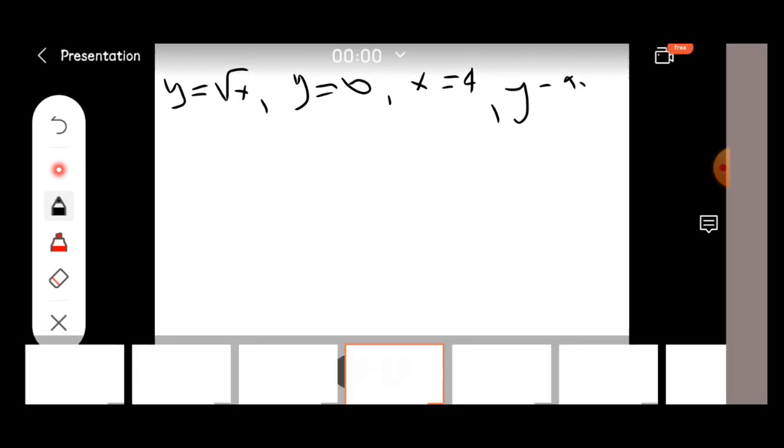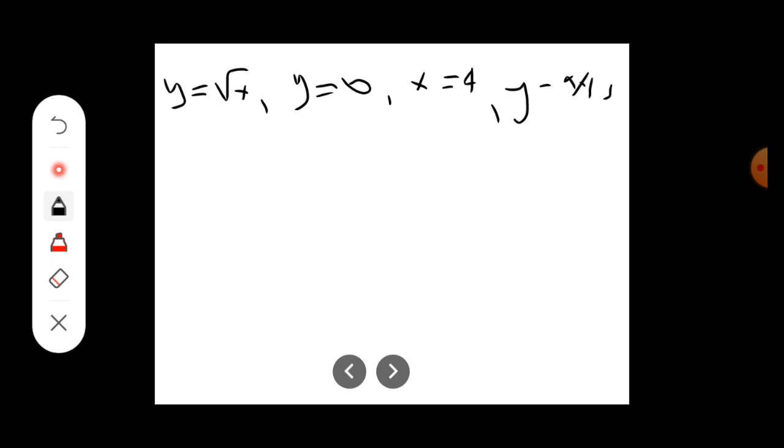So let's say that we have the curve y is equal to the square root of x, and a region bounded by the curve, the line y is equal to 0 and x is equal to 4, and we're going to rotate it about the y-axis. So let's draw a rectangle.